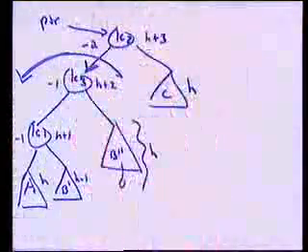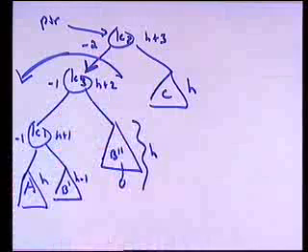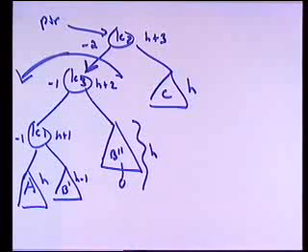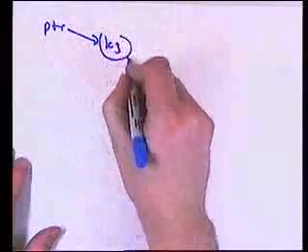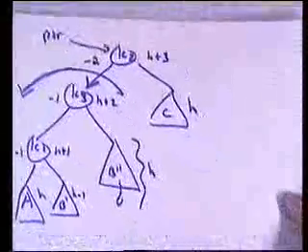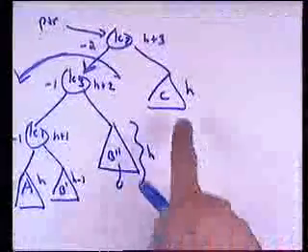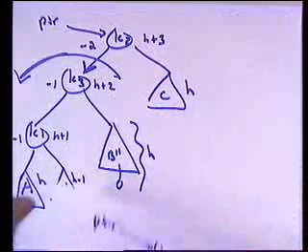Now we need to do step 2, which is to do a single right rotation on K2, and that will move K3 up to become the root, K2 down to become the right child. So we will have this. The right subtree of K2 was C. That's still okay.